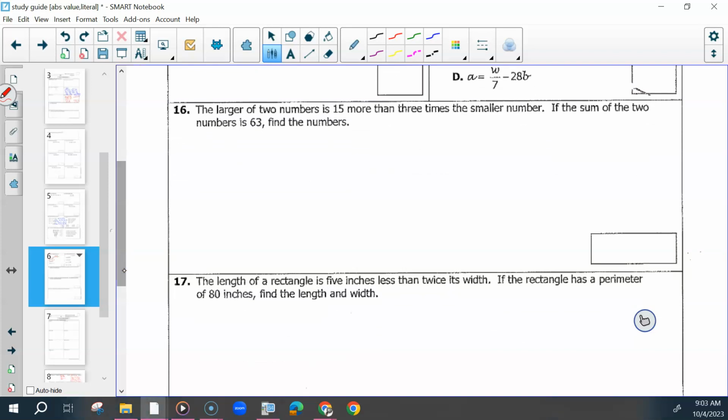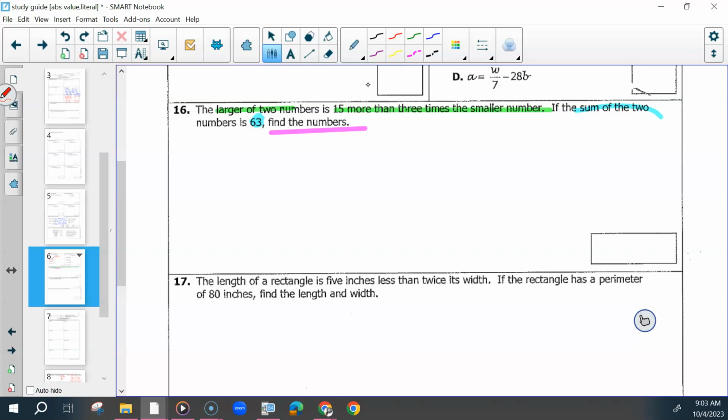So the larger of two numbers is 15 more than 3 times the smaller number. The sum of the two numbers is 63, and we have to find them. So you're going to have two numbers. This is similar to the rectangle or the perimeter column, but different at the same time.